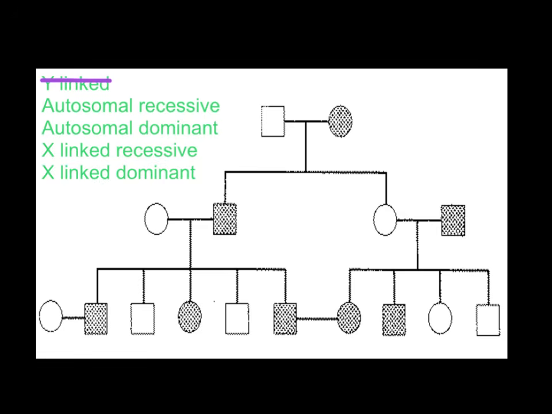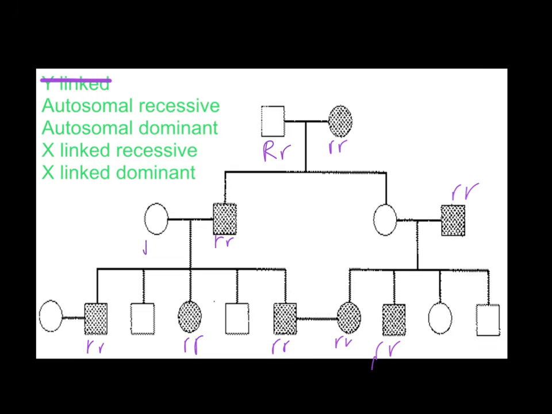If autosomal recessive were the mode of inheritance here, what we know is that all of our affected people in this pedigree have the little r genotype. Now, that would just have to mean that for this couple to have an affected child, the father would have to be heterozygous.